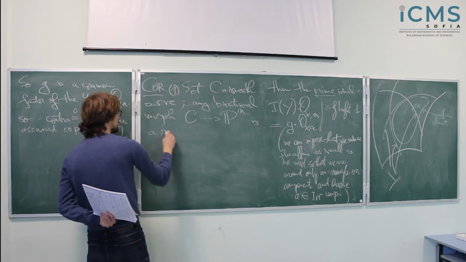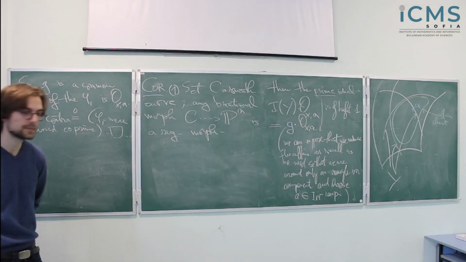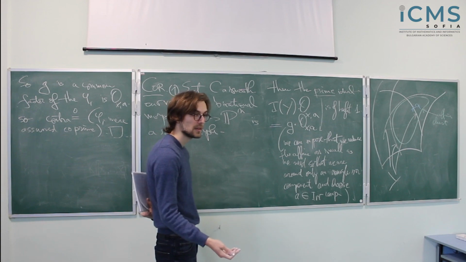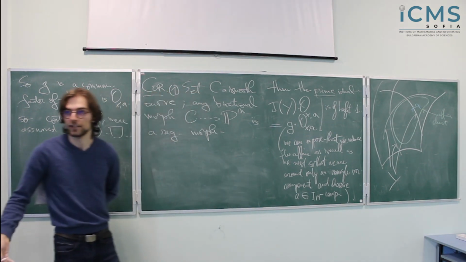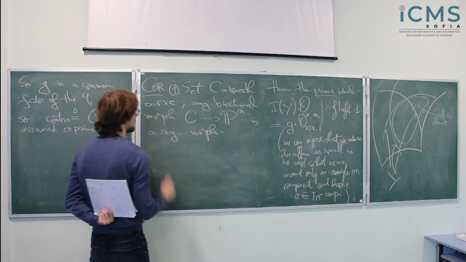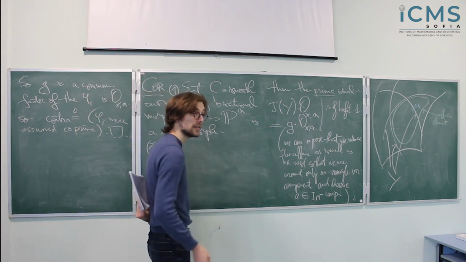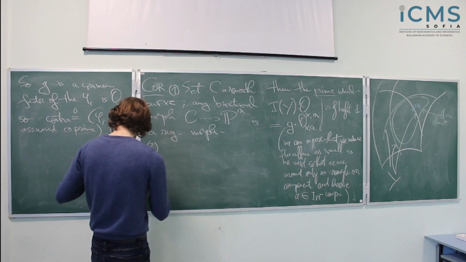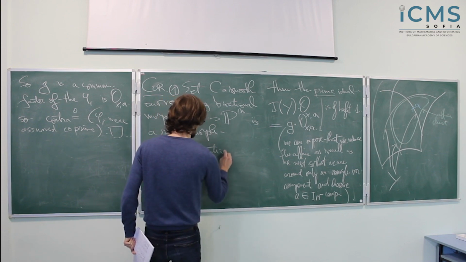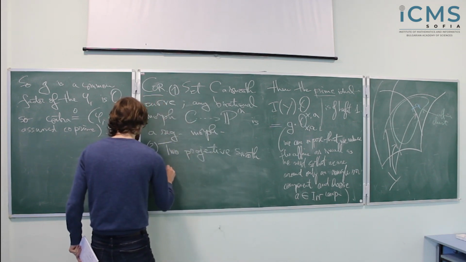is a regular morphism. Since the curve is smooth, the codimension of the indeterminacy locus is bigger than 2, but that just means that there's nothing, because there's not enough room to have a codimension 2 subvariety in the curve. So what does this mean? Well, what happens if I take two projective smooth curves?